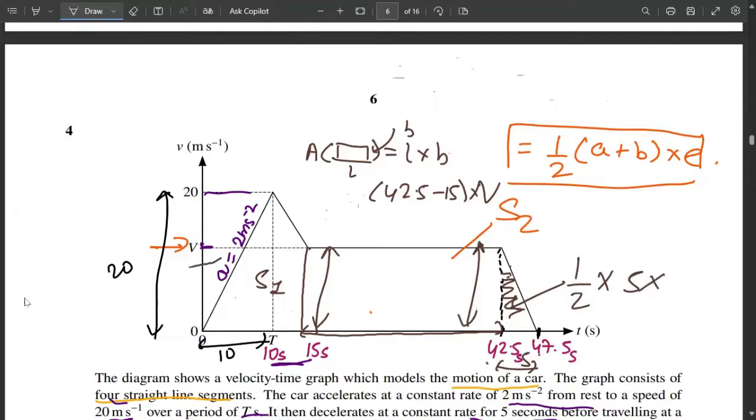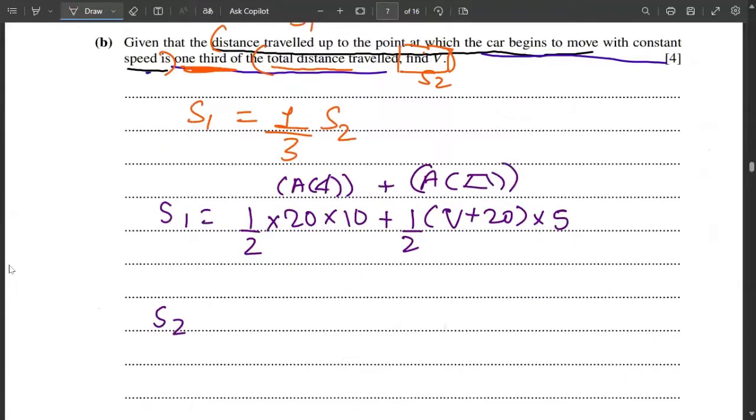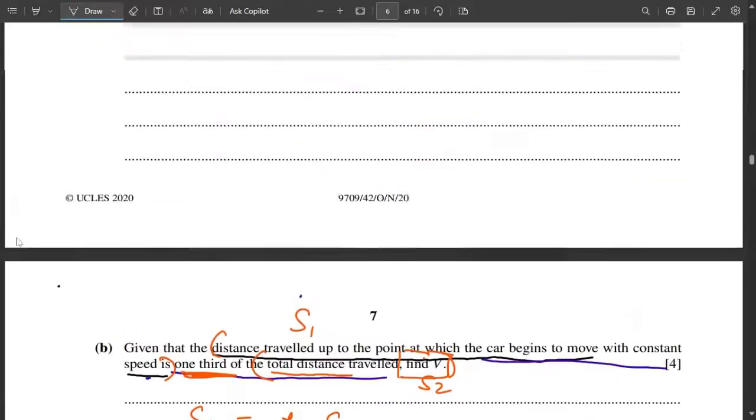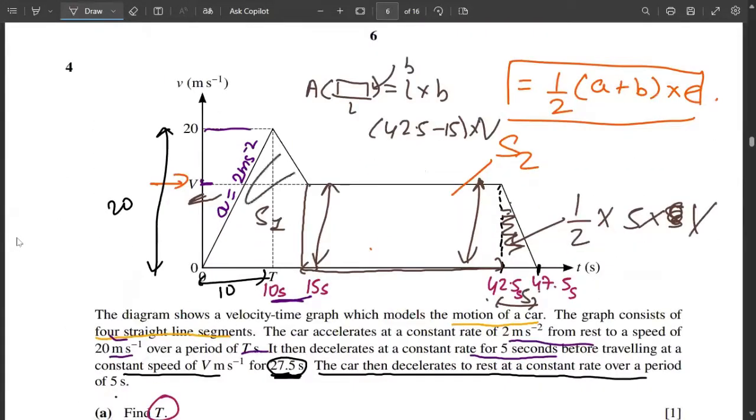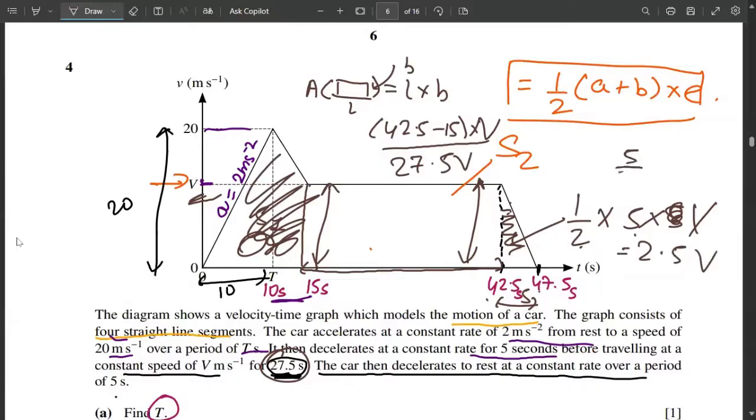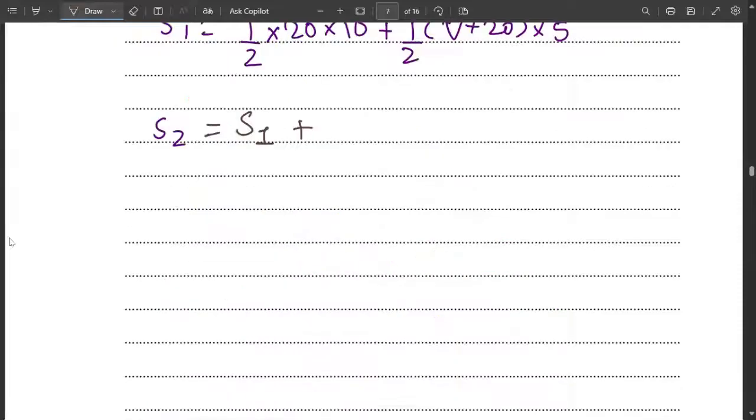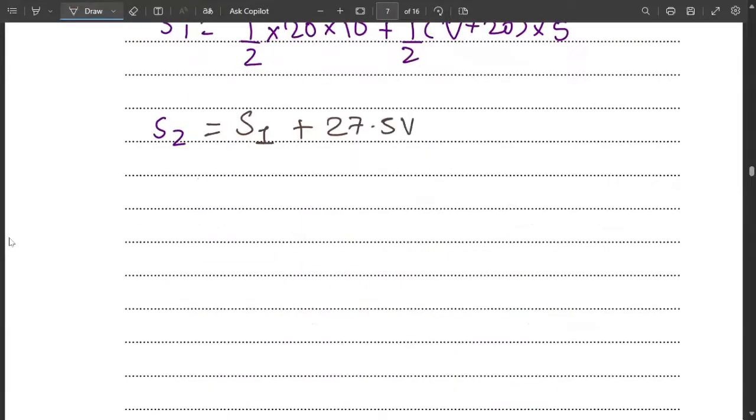The height is V. So half into 5 into V. So now we know that S2 equals S1 plus the rectangle and triangle. The rectangle is 42.5 minus 15, which is 27.5V, and 5 upon 2 will be 2.5V, because if you put 5 upon 2 in the calculator, you will get 2.5. So 27.5V plus 2.5V.